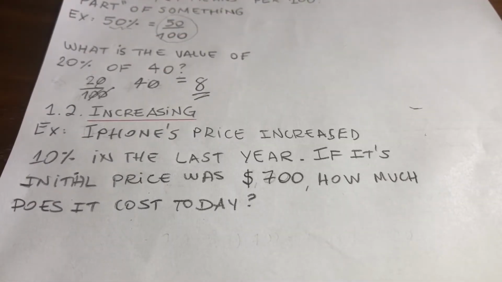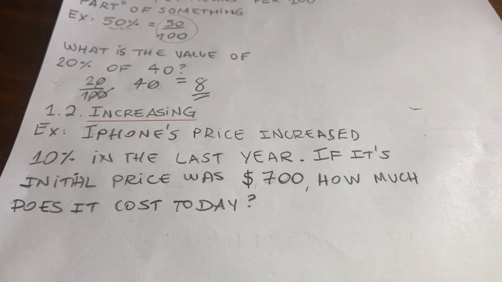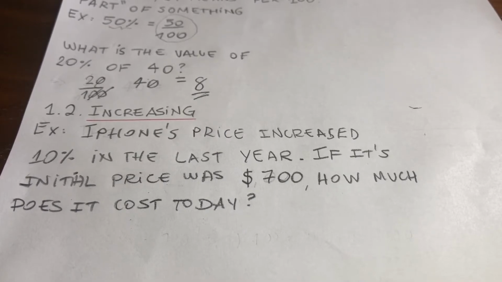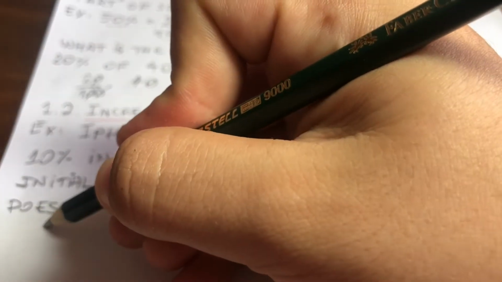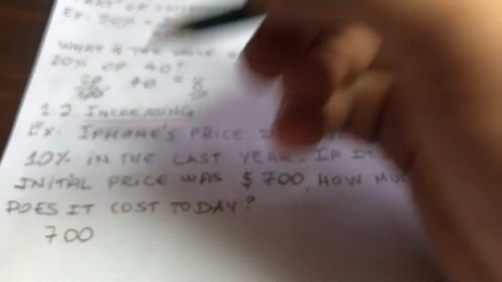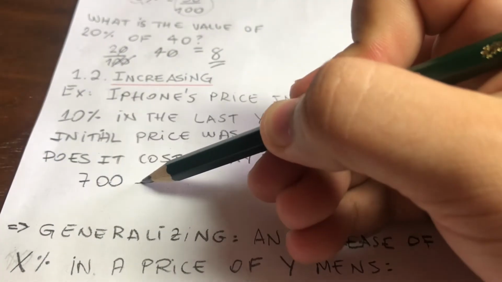So moving on, we have increasing in percents. For example, let's assume that the iPhone's price increased in the last year by 10%. If its initial price was $700, how much does it cost today? So we had $700 and an increase of 10%.